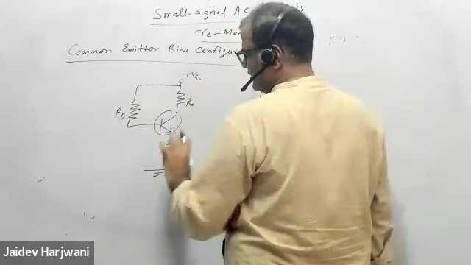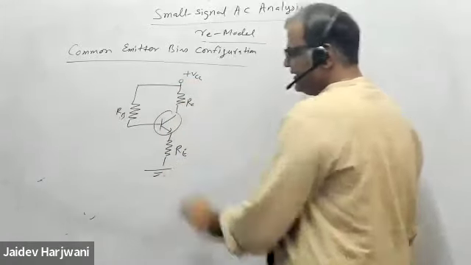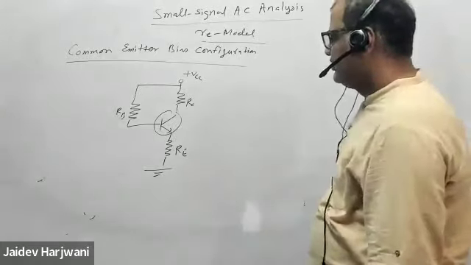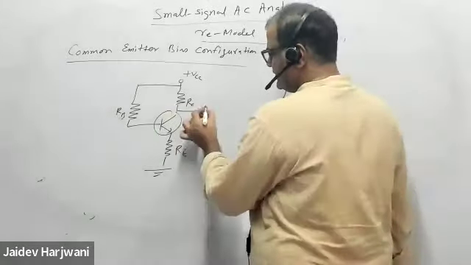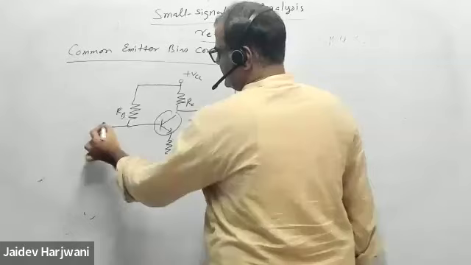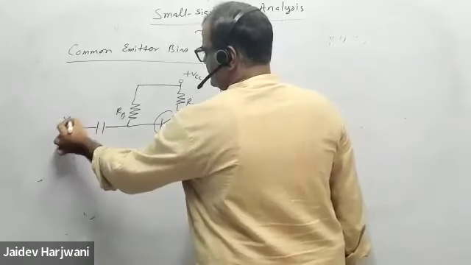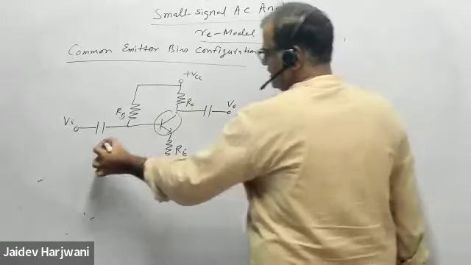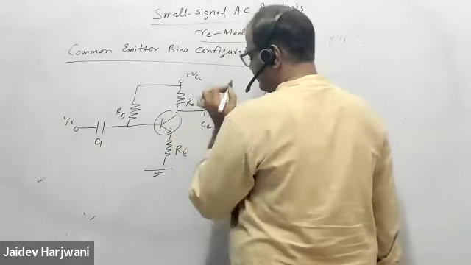Nothing else has changed. Earlier it was directly grounded. Now you have to find the equivalent resistance of this one. Of course, there is a capacitor here and also a capacitor here. This is V input, this is V output, and these are the bypass capacitors C1, C2.